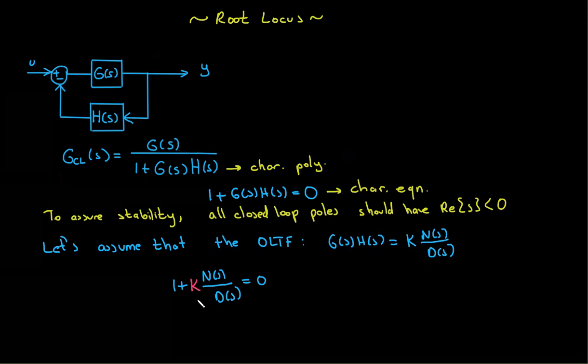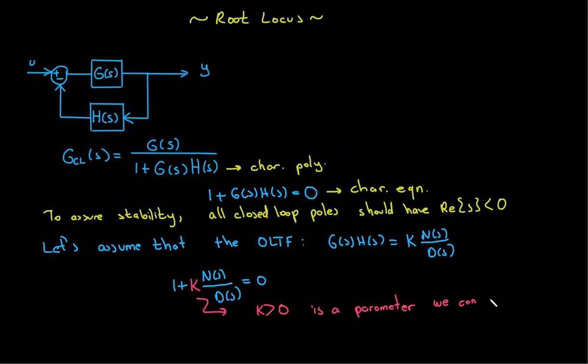And what I would like to find out is what are the pole locations if K is a free parameter that I can change, let's say from 0 to infinity, okay? A free parameter or a design parameter we can change.